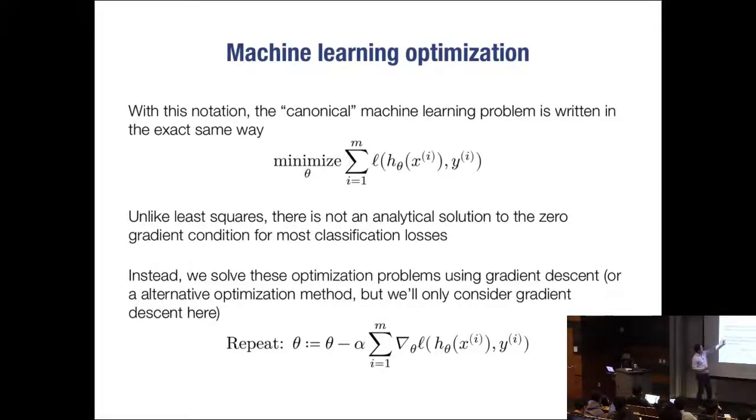Now, unlike least squares, even for linear hypothesis classes and these losses which are easier to optimize, like the hinge loss or the logistic loss, this still doesn't have a closed form solution. There's nothing like least squares where you can write out a single matrix form and say this is the optimal solution to my parameters that minimize this loss. Instead, we need to resort to solving these optimization problems with gradient descent.